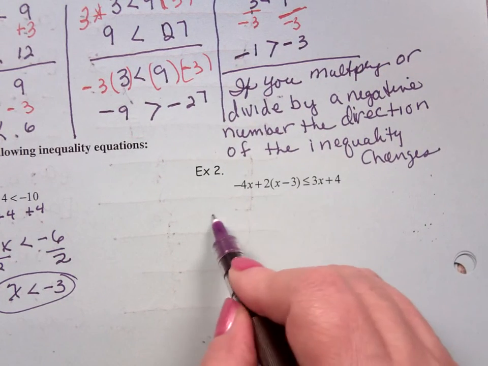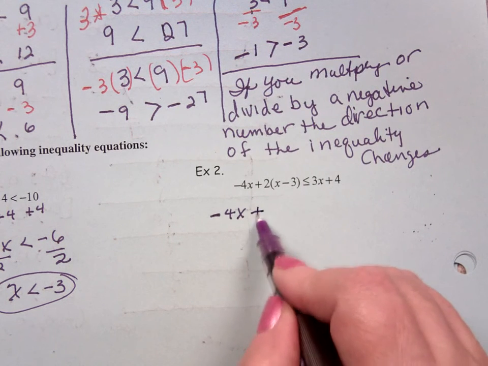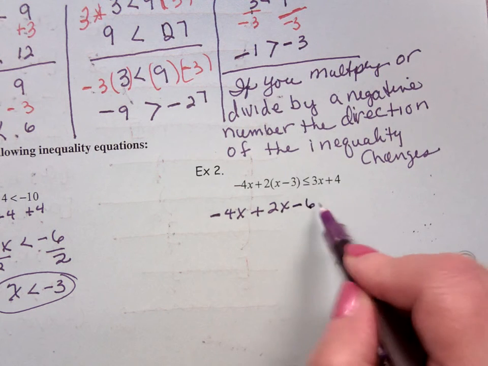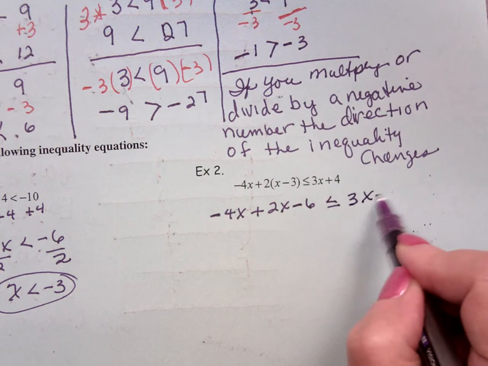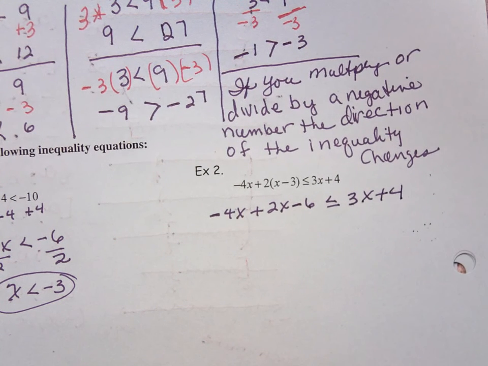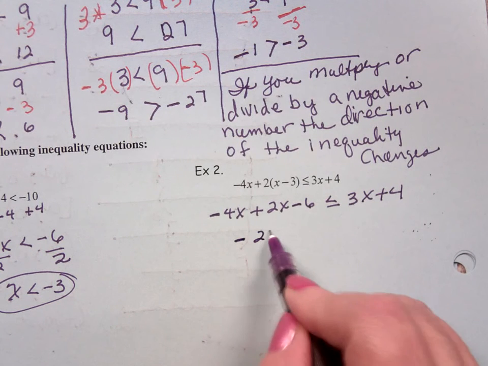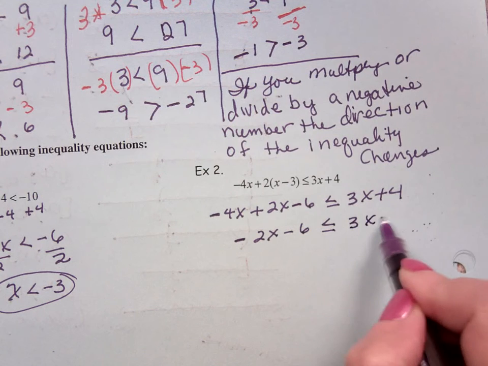Remove parentheses. Plus 2 gives me a 2x. Plus 2 gives me a minus 6. Is less than or equal to 3x plus 4. Combine like terms, I get a minus 2x minus 6 is less than or equal to 3x plus 4.